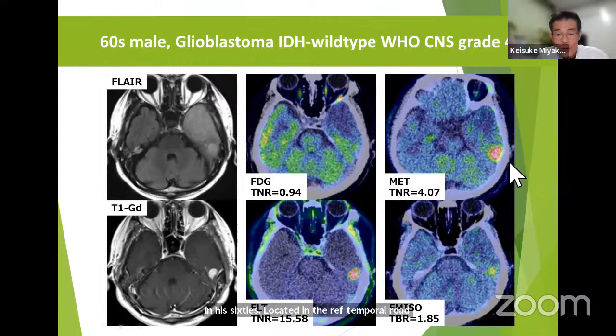Methionine TNR is 4.07, FLT tumor-to-normal ratio is 15.58, and fluoromisonidazole tumor-to-blood ratio is 1.85. Accumulation of the three PET tracers is high, allowing us to diagnose glioblastoma through PET imaging.